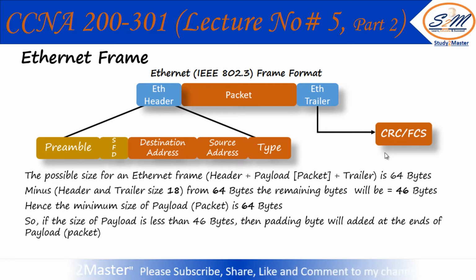So if the size of the payload is less than 46 bytes, then padding bytes will be added at the end of the payload. When computer A sends a frame to computer B, if the size is less than 64 bytes, then it's the functionality of the switch, or the layer 2 device, to add padding bytes at the end of the payload.